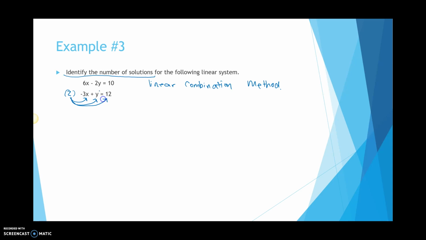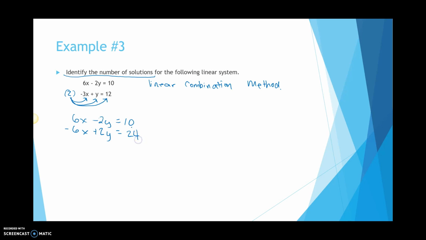And I'm going to distribute this to each term. So I'll rewrite the top equation, 6x minus 2y equals 10. The bottom, 2 times negative 3 is negative 6x plus 2y equals 2 times 12, which gives me 24 here.